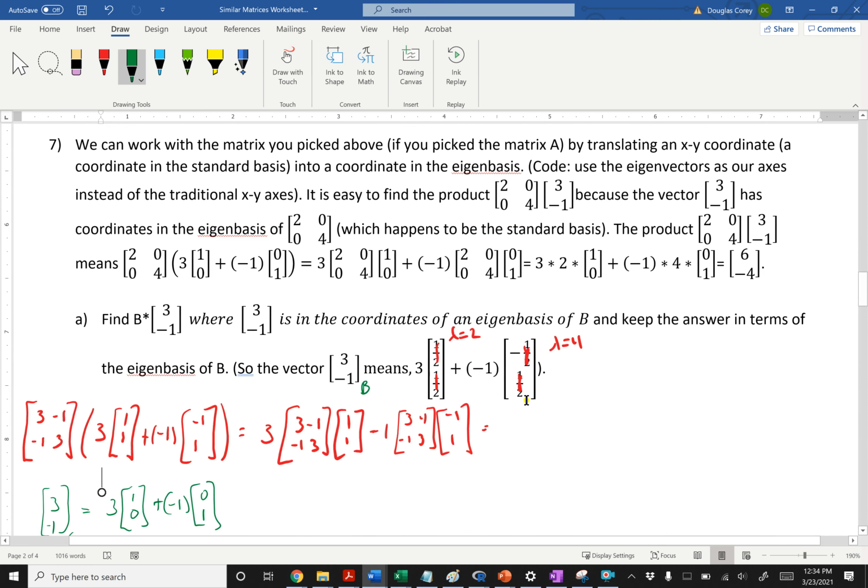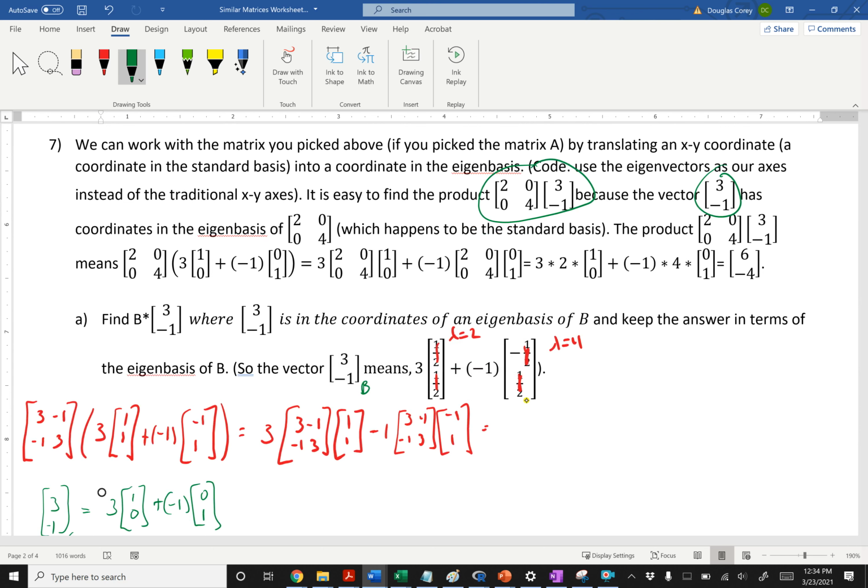So I had you do this thing. There was some confusion about why I made such a big deal about this. You guys can easily do the multiplication here and get 6 and a negative 4. But I wanted to focus on the meaning of this.